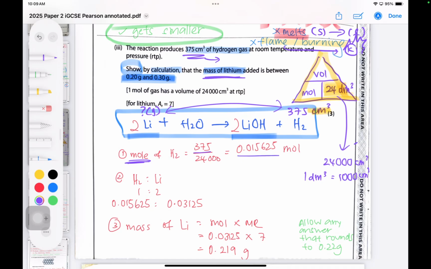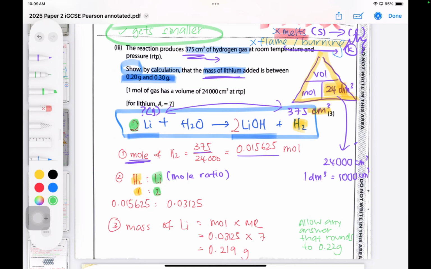Okay, then step number 2 is I will try to compare what I call the mole ratio. How I get this is I look at where hydrogen is in the equation, which is here, and there is no number in front of hydrogen. That basically means it has a coefficient of 1. Then I look into lithium because that's what the question wants me to find, and the coefficient is 2.